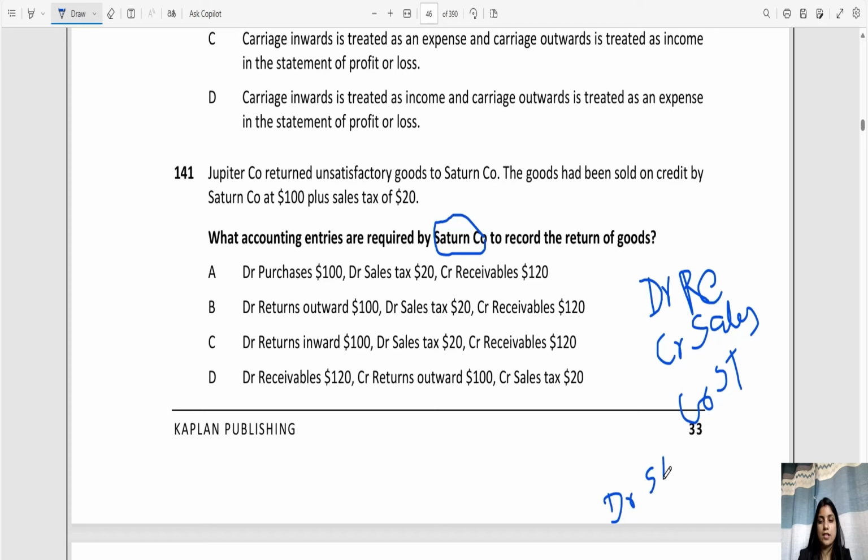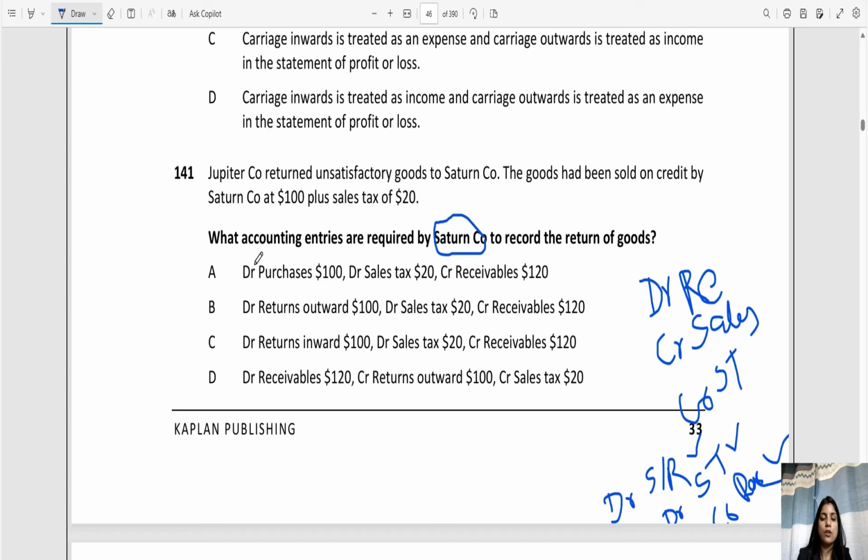I will write it down as R. And again they will debit the sales tax, and they will credit the receivables, and the amount will be the same as we discussed earlier: 100, 20, 120. The sales return also means return inward. Okay, so let's evaluate the options.